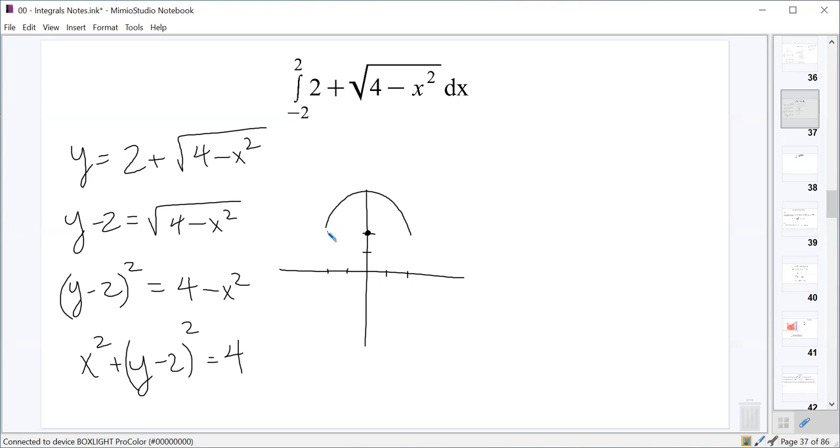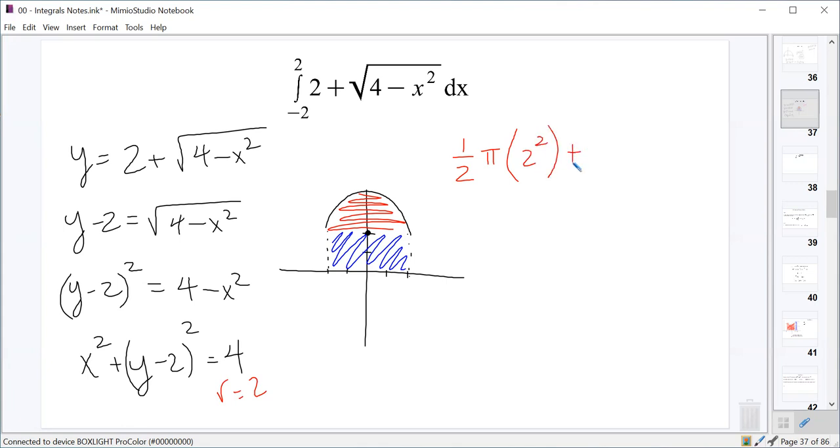All we've got to do is find the area of that semicircle and everything underneath it. And if I'm talking about everything underneath it, I'm talking about all the way down to the x-axis. So what I've really got is a semicircle plus, in blue here, a rectangle. So the semicircle part of it ought to be 1/2 pi times the radius squared, and our radius here was 2.